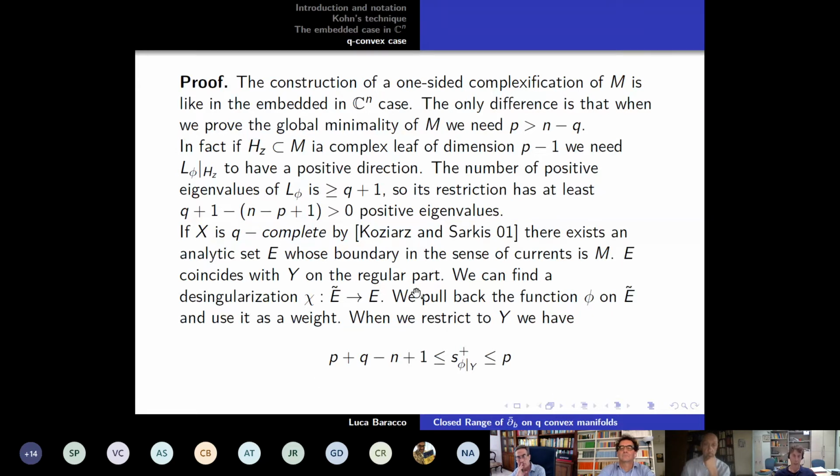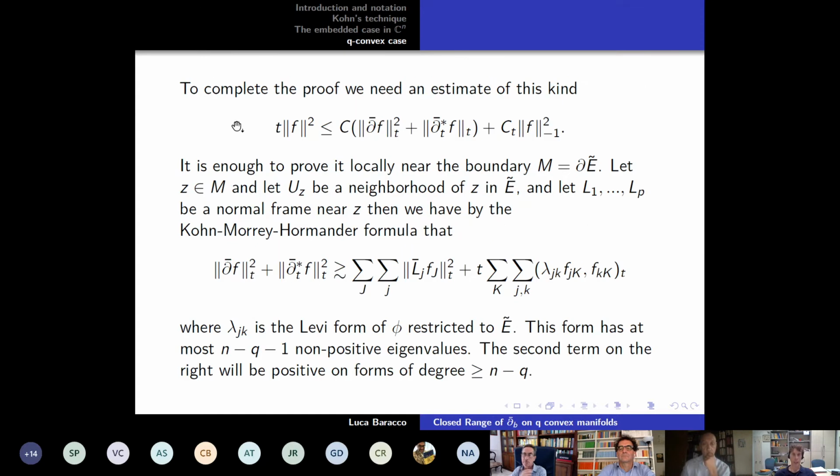Now, to go through with Kohn's proof, we need an estimate of this kind. So it is enough to prove it locally near the boundary of E tilde, that is M. So let Z be a point on M, and let UZ be a neighborhood of Z in E tilde, and let L1 to LP be a normal frame near Z. So L1 to LP minus 1 are complex tangential to M, and LP is the extra missing direction.